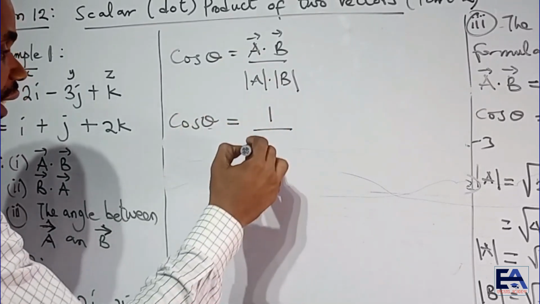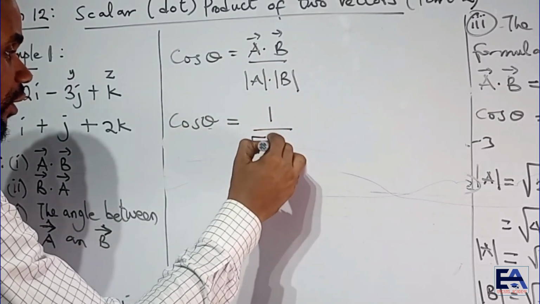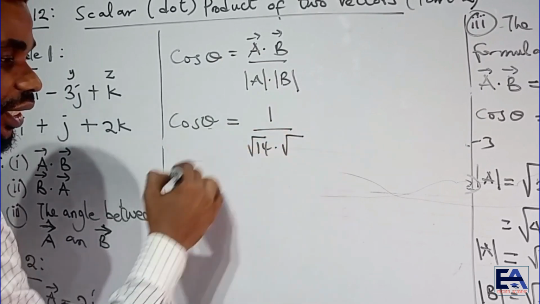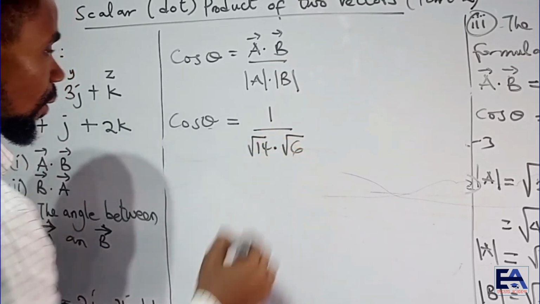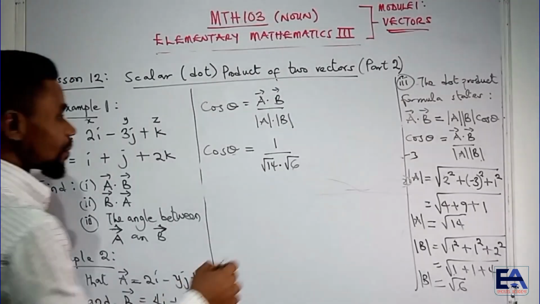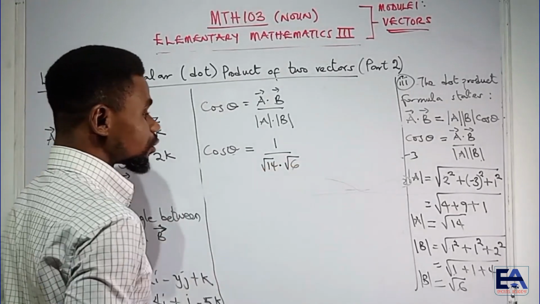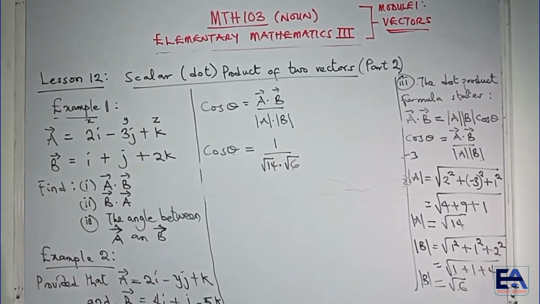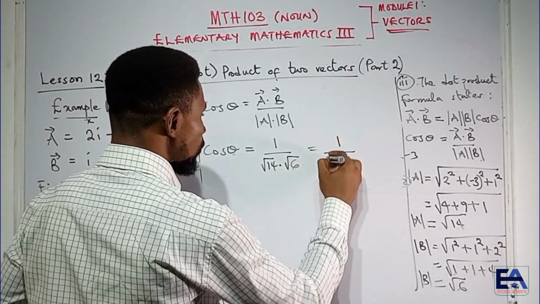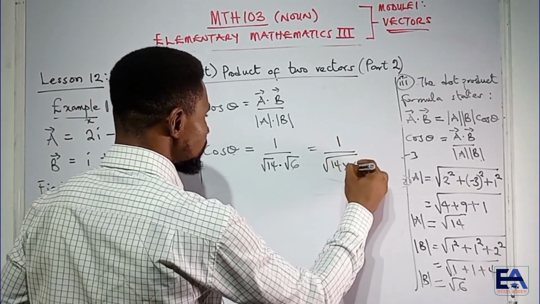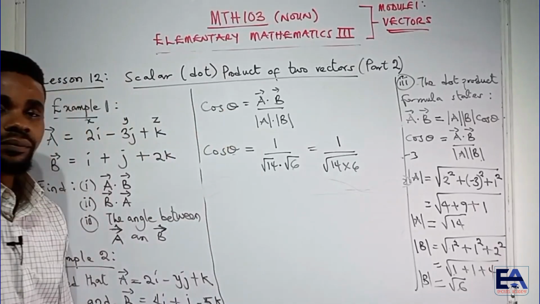The magnitude of A is the square root of 14. The magnitude of B is the square root of 6. All right? Mathematics allows us to multiply the two square roots together, so it simply means 1 over the square root of 14 times 6.